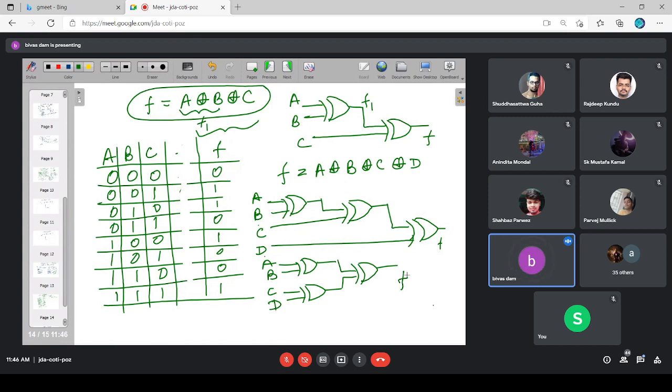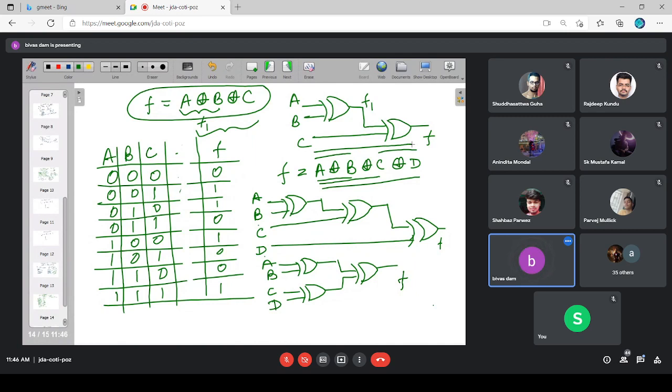In the first configuration, what I have done is this, then this, then this. In the second configuration, what I have done is this, this, this. These are not the bars; I'm just showing the combinations I have taken.